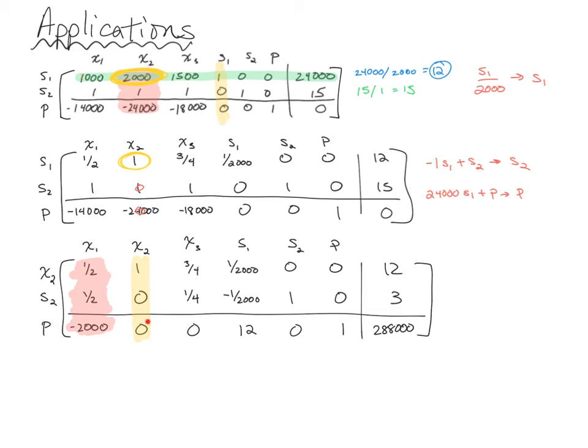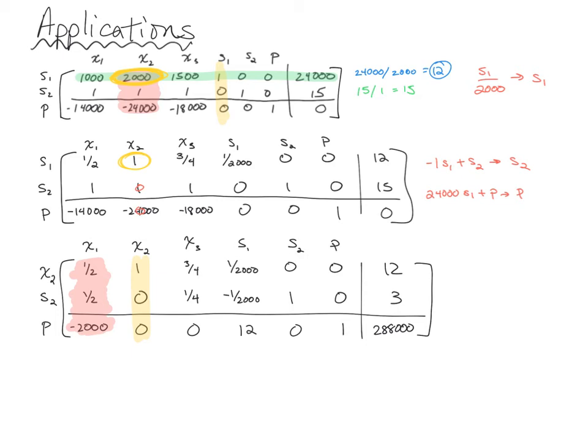We used the first row as the pivot row the first time, which means now we have to use the second row as a pivot row.